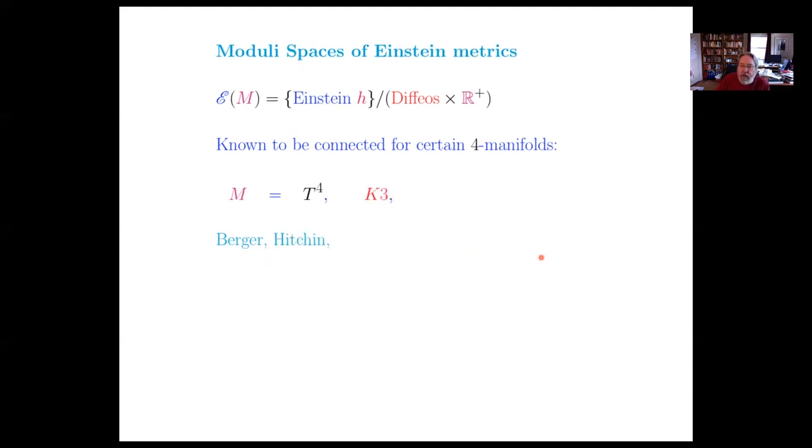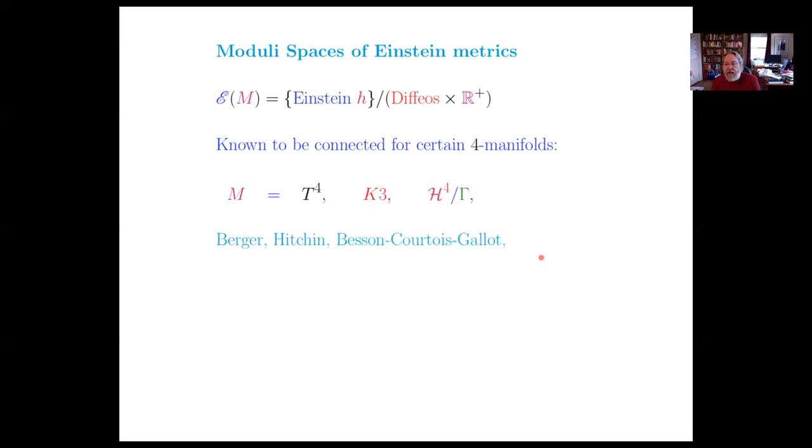Hitchin showed that any Einstein metric on K3 has to be a Calabi-Yau metric, and he actually proved that before Calabi-Yau metrics were known to exist. It was before Yau's solution of the Calabi conjecture, but it eventually leads to the conclusion that we completely understand the moduli space of Einstein metrics on K3.